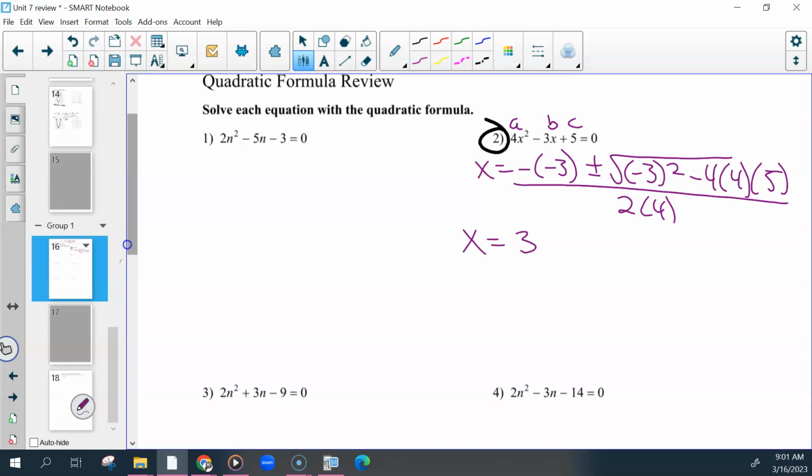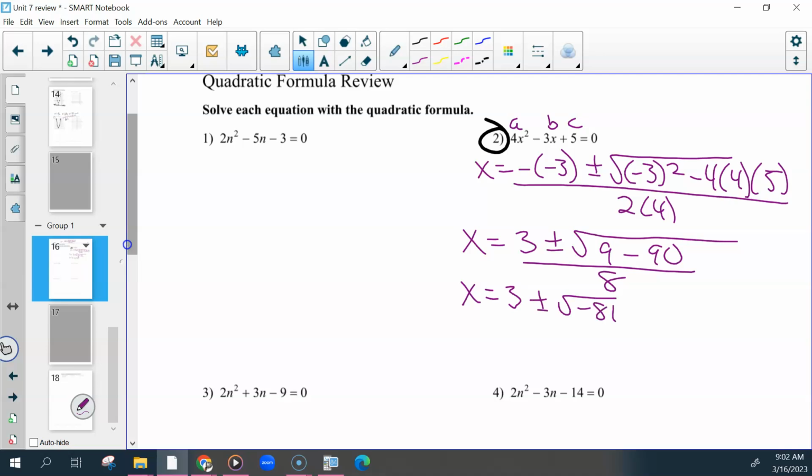And then this would become positive 3 plus or minus negative 3 squared would be what? Positive 9. Negative 4 times 5 would be what? Negative 1. Subtract these, we get negative 81. What happens when we have a negative underneath the square root, Aiden?